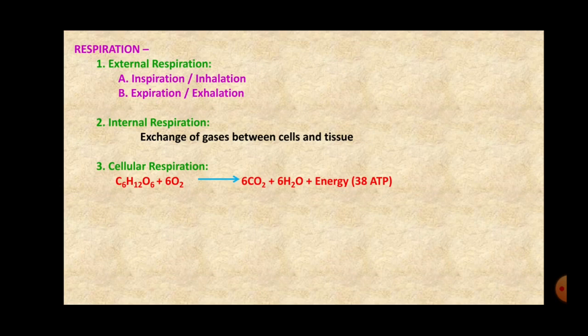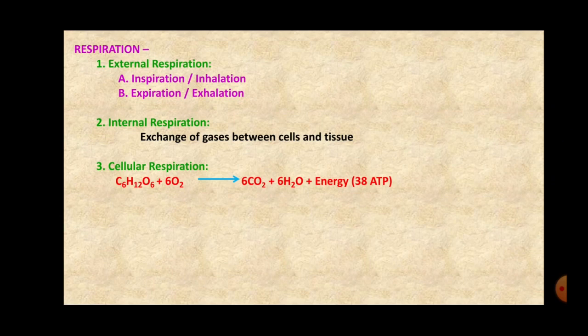So, C6H12O6, this is glucose, right? It gets oxidized in presence of oxygen and it forms carbon dioxide, which is given out in the process of exhalation, right? It forms water, okay, and then it forms 38 molecules of energy in the form of ATP.